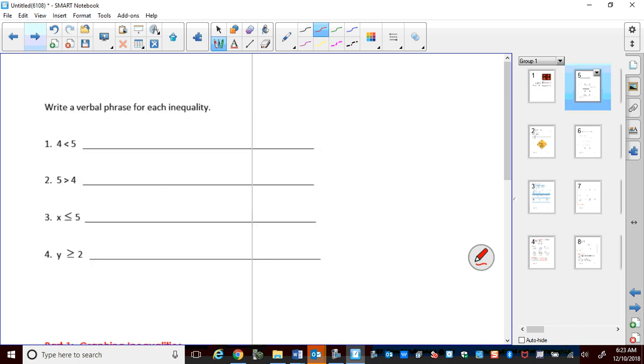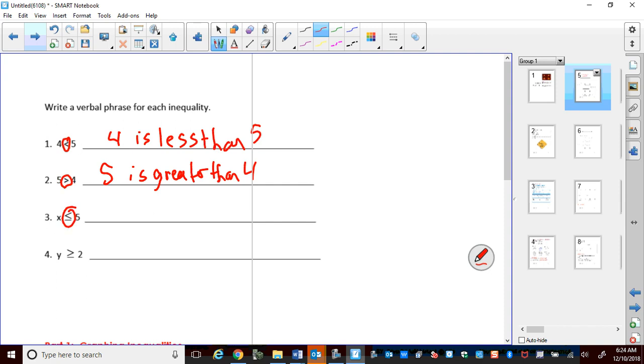Now we're going to write the verbal phrases for each inequality. So for the first one, we have less than, or 4 is less than 5. Next, we have greater than. 5 is greater than 4.